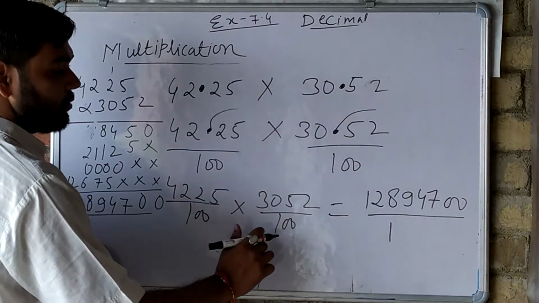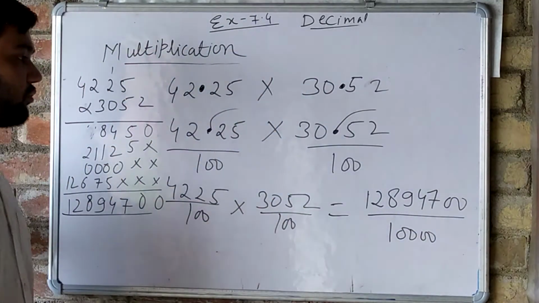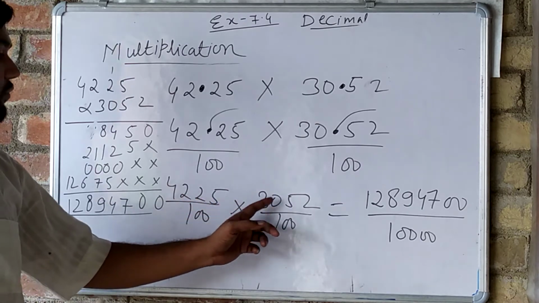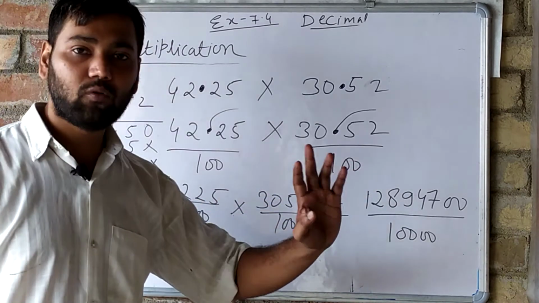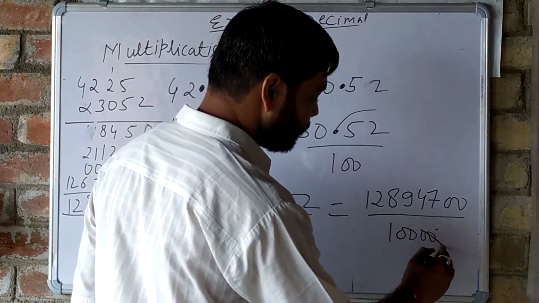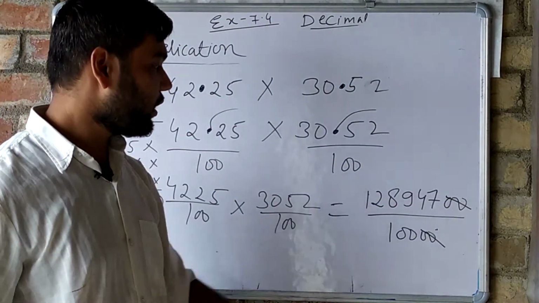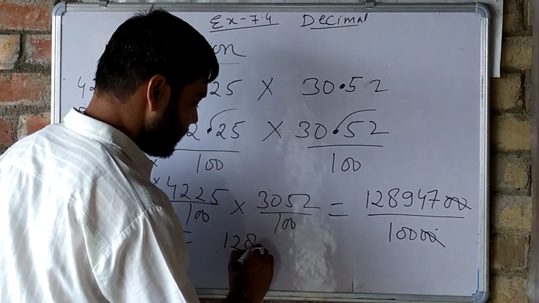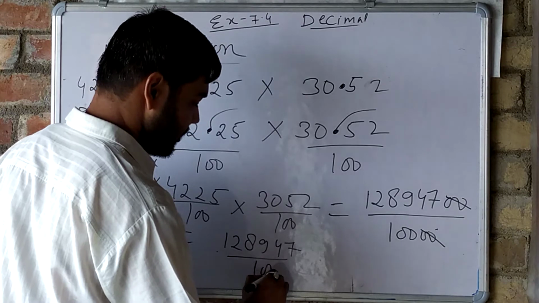See here, 100 into 100 multiplied will get 10,000. So now what will we do? We multiply 4,225 into 3,052 and we have the result here. We only need to multiply. Now here 4 zeros, that means 2 zeros will be removed by the 2 zeros. Now we have 128947 upon 100.